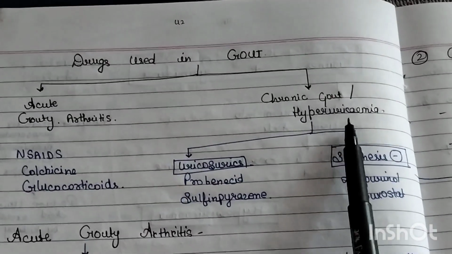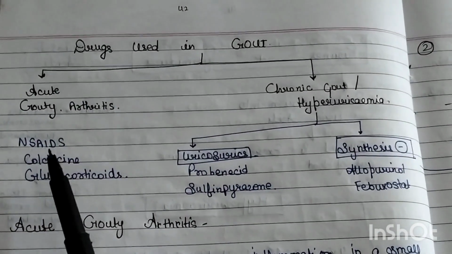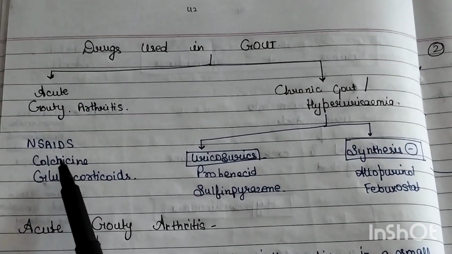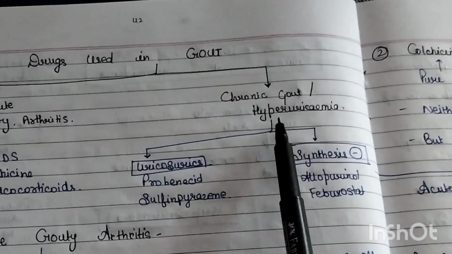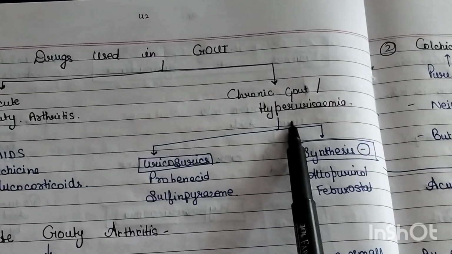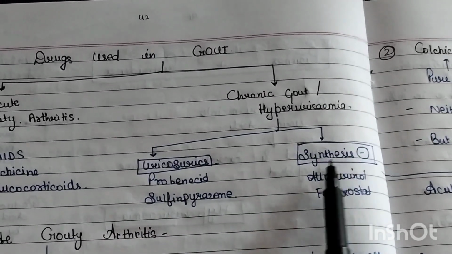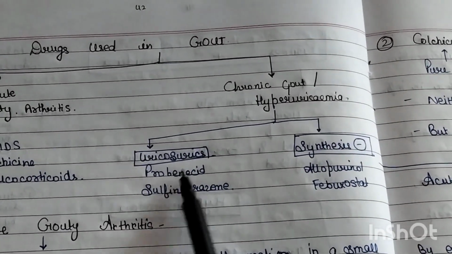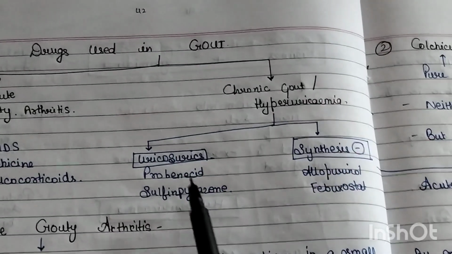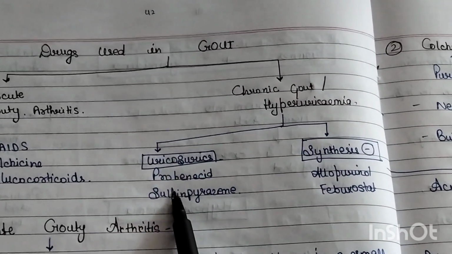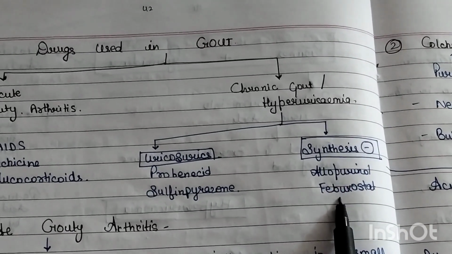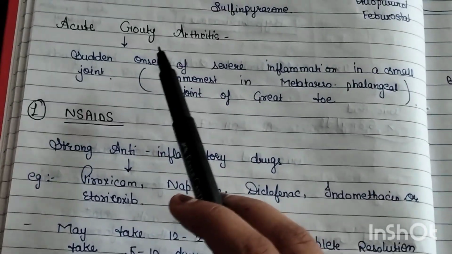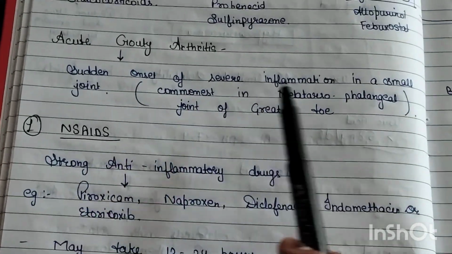The drugs used in acute gouty arthritis are NSAIDs, colchicine and glucocorticoids. For chronic gout or hyperuricemia, the drugs are classified into two types: uricosurics and uric acid synthesis inhibitors. Uricosurics consist of probenecid and sulfinpyrazone, and synthesis inhibitors are allopurinol and febuxostat. First we will study acute gouty arthritis.